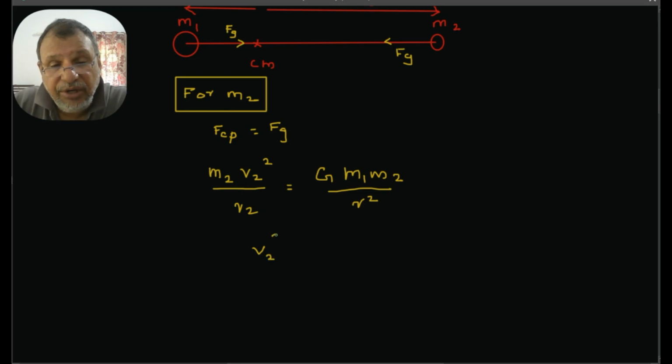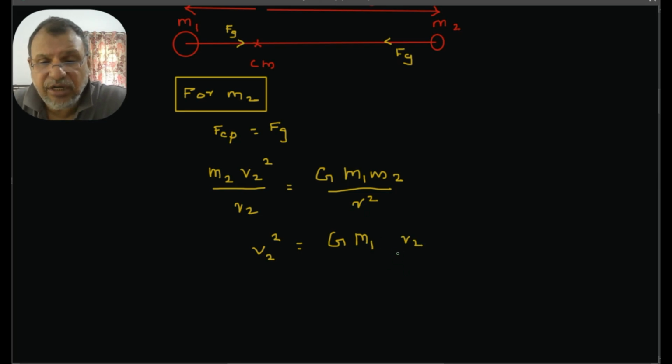So you will get v2 squared is equal to G m1. Then, this r2 over r square, r2 will go up, so you will get r2 over r square.